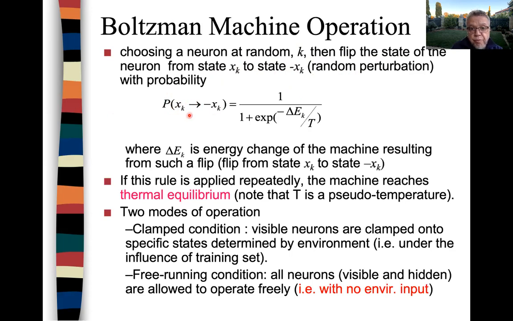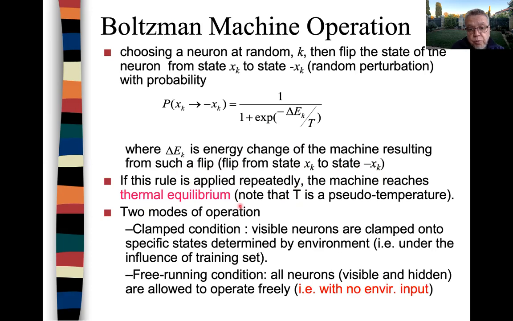The probability of going from state x_k to -x_k is given by 1 over 1 plus exponential of minus delta E_k over T. This delta E_k is the energy change of the machine resulting from such a flip, from state x_k to state -x_k. If this rule is applied repeatedly, the machine reaches thermal equilibrium. Note that this T here is a pseudo temperature. This is what you want to achieve, a thermal equilibrium.